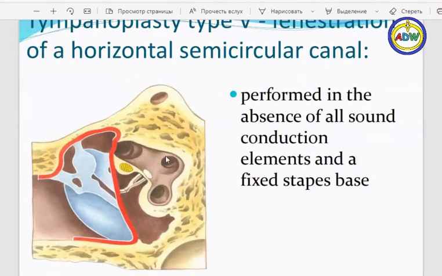You know, this is the membranous labyrinth. All of these communicate with each other, and so the movement of the fluids helps the basilar membrane movement, and we will have hearing. But it's very rare that we perform these operations.